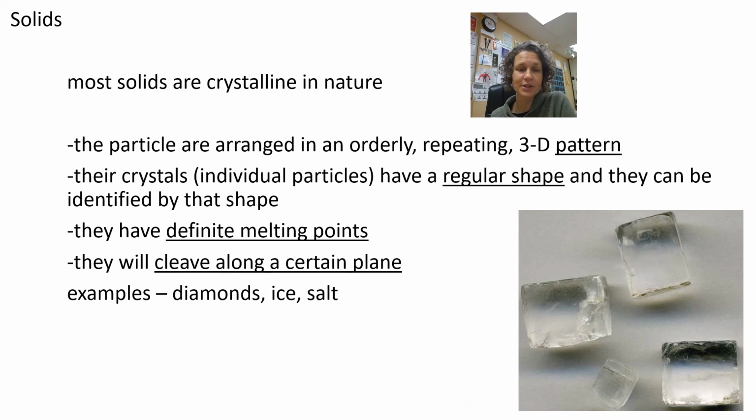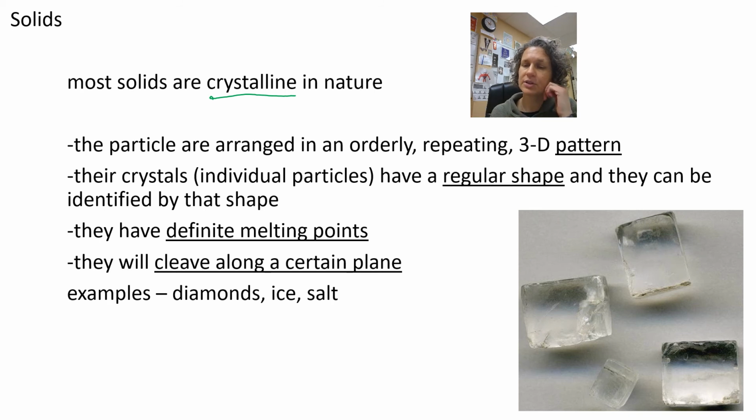Okay, so now moving on to solids real quick. We're just going to run through some of the characteristics. Most solids are crystalline in nature, and that means they have a very internal, orderly, repeating 3D pattern. Their individual crystals will have a very regular shape, with very distinctive edges.